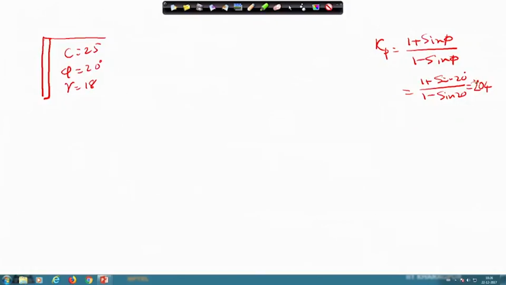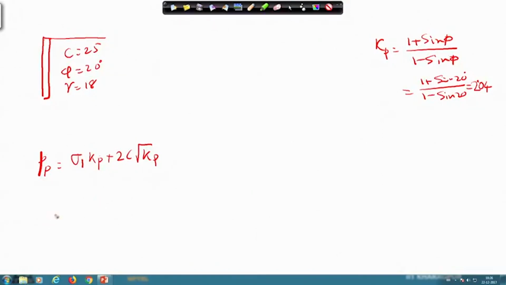As per the C-phi soil earth pressure diagram, the Pp expression will be sigma 1 Kp plus 2C root Kp. This is the formula we have done.